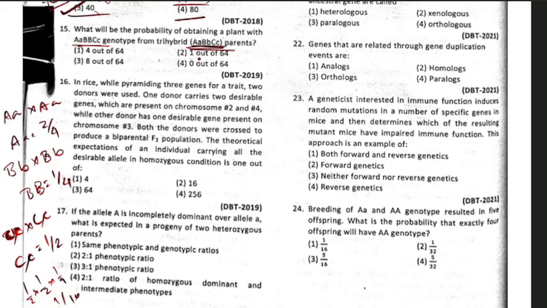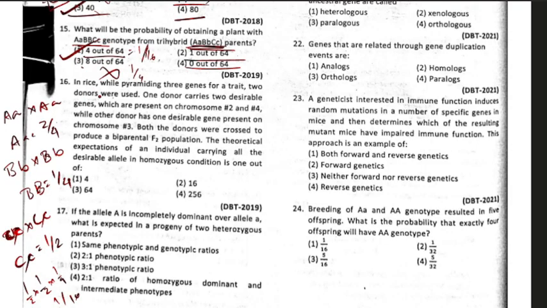Is there an option 1 by 16? No, this is 1 by 64, 0 by 64, 8 by 64, and 4 by 64. Yeah, 4 by 64 means 1 by 16, and 8 by 64 means 1 by 4. So Option A is the answer, 1 by 16.